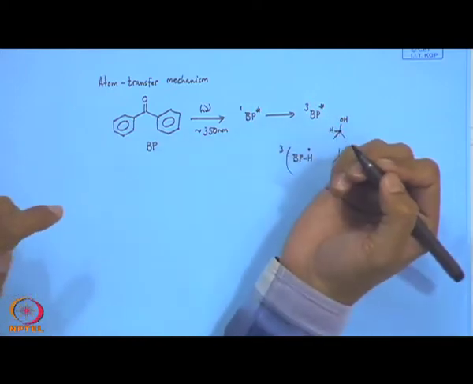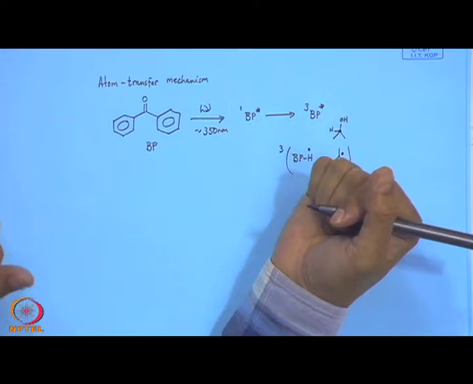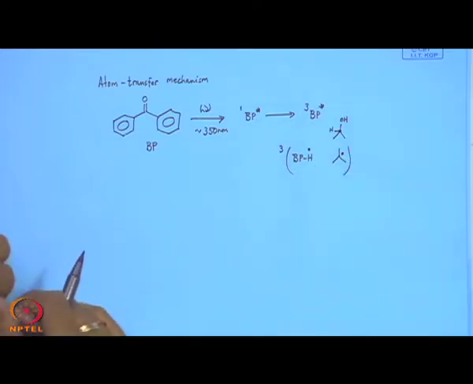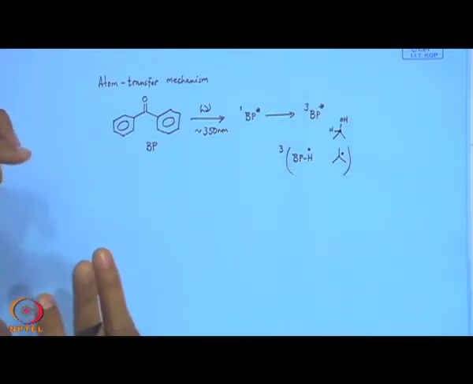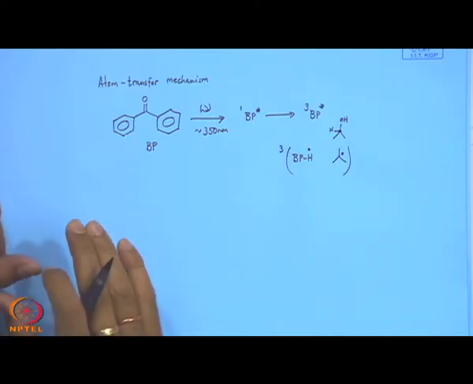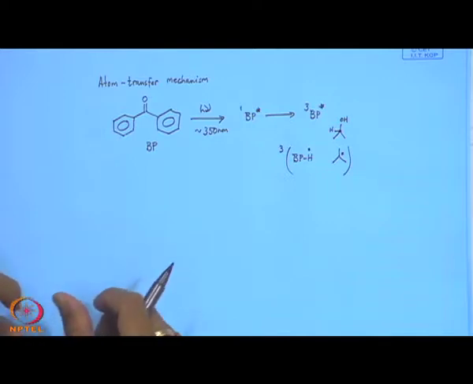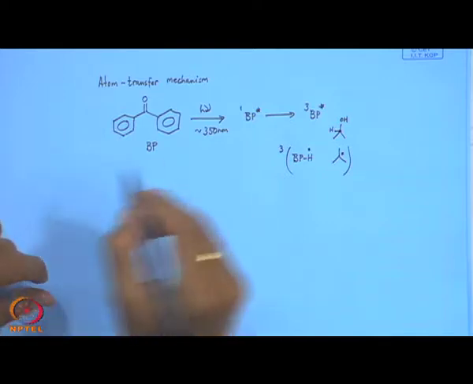There are other ways; in principle you can get a radical pair by means of some group transfer, or maybe some rearrangement. In that way we can also in principle generate a radical pair. So, this is one way of generating your radical pair.